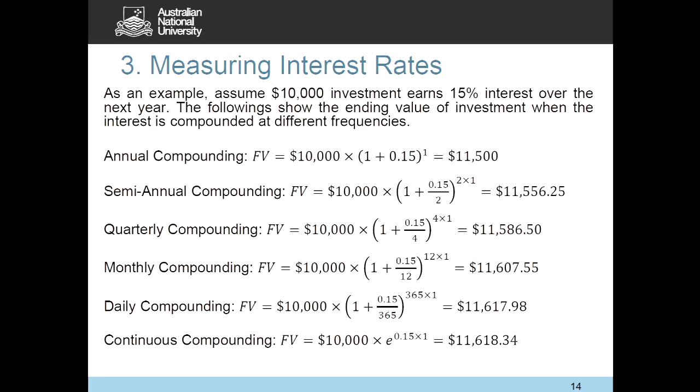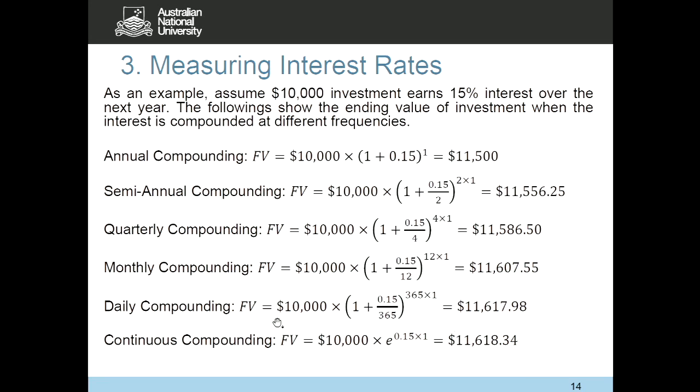What's going to happen? Well, mathematically, if you take that to the limit, what you will get is continuous compounding. So the $10,000 multiplied by exponential to the power of 15% multiplied by 1. The time horizon with continuous compounding is expressed as a fraction of a year, right? And then you will get this ending value.